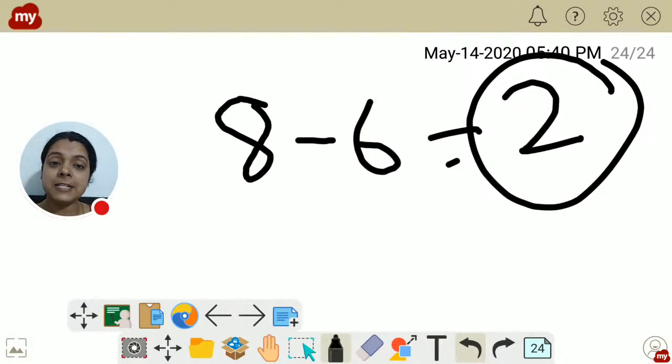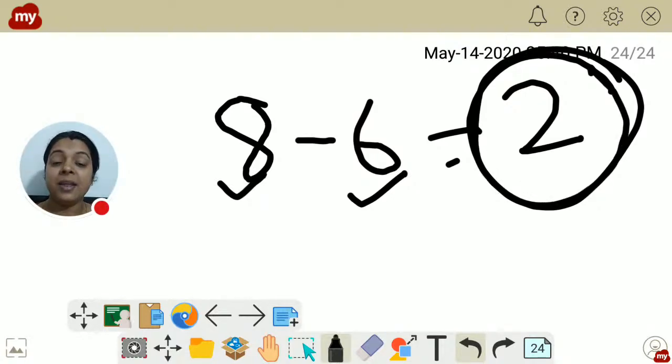What I did first, even place all added up, odd place all added up. Then the sums should be subtracted. Even one 8, odd one 6. Now here only we'll get to know whether it is divisible by 11 or not.